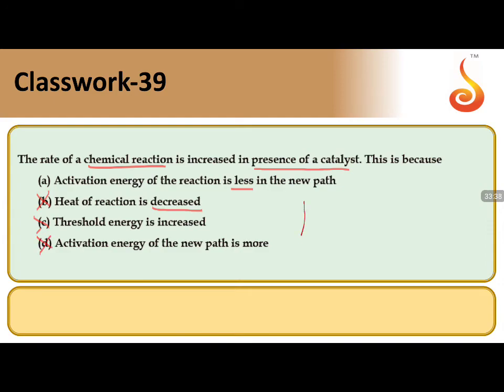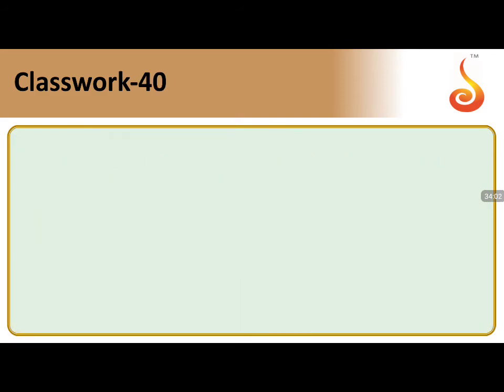No. In the presence of catalyst, your activation energy is decreased, but your initial and final points are not changing. So there is no change in heat, no change in threshold energy, only a decrease in activation energy. So the answer should be option A, the decrease in activation energy.